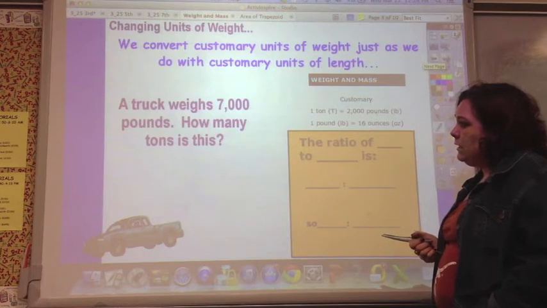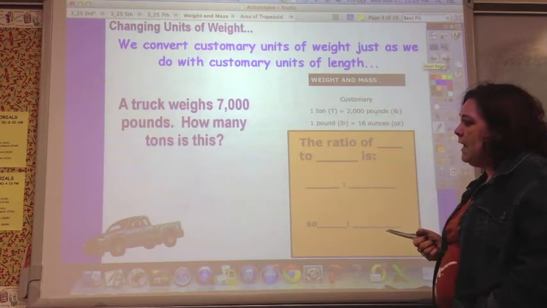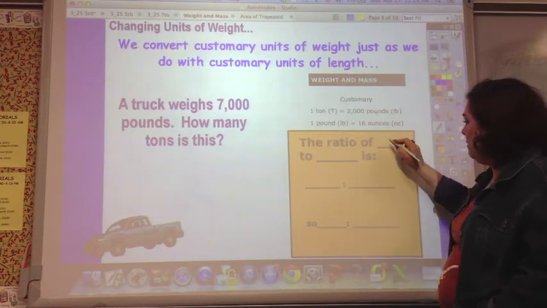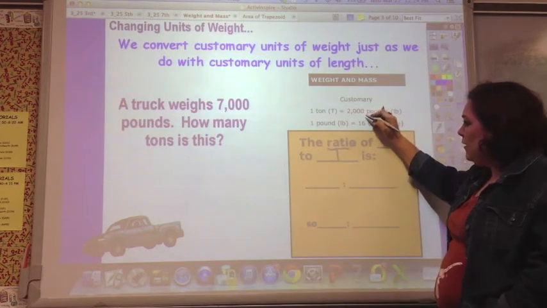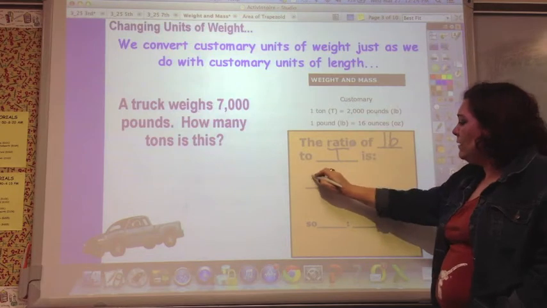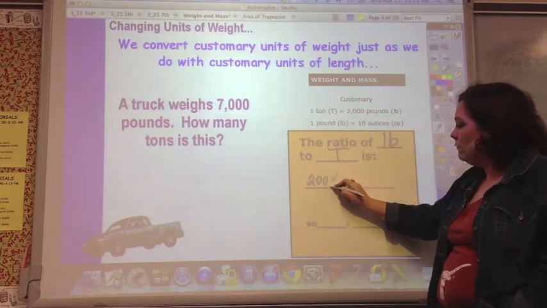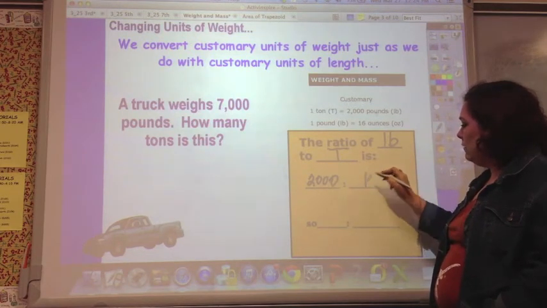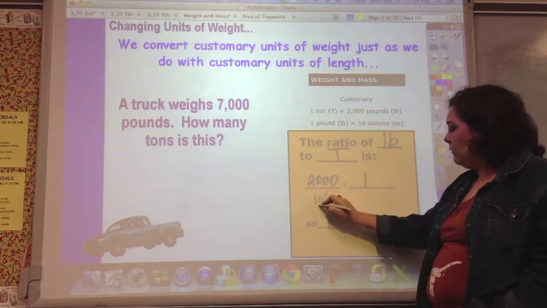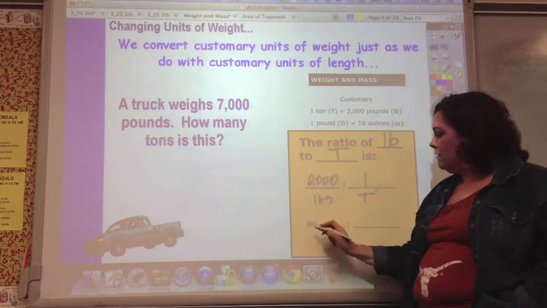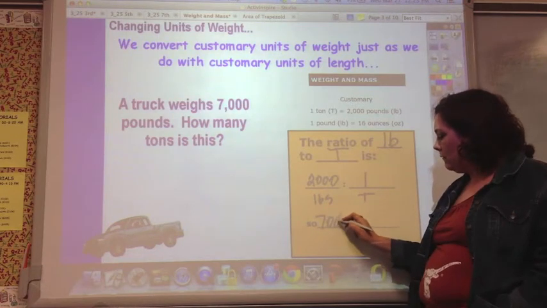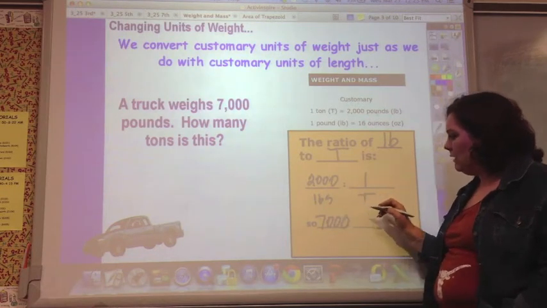It says a truck weighs 7,000 pounds. How many tons is this? So we're comparing pounds to tons. Up here it says 2,000 pounds is 1 ton. This is pounds and this is tons. So I've got 7,000 pounds is how many tons.